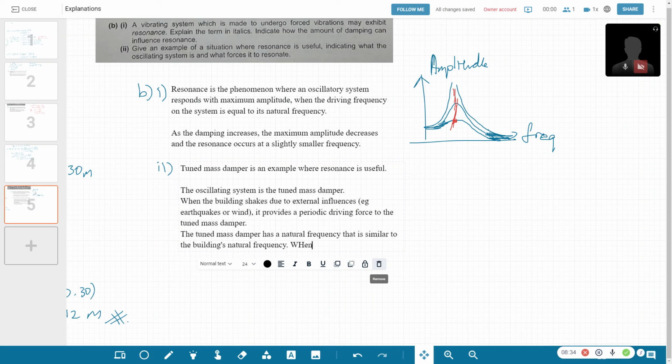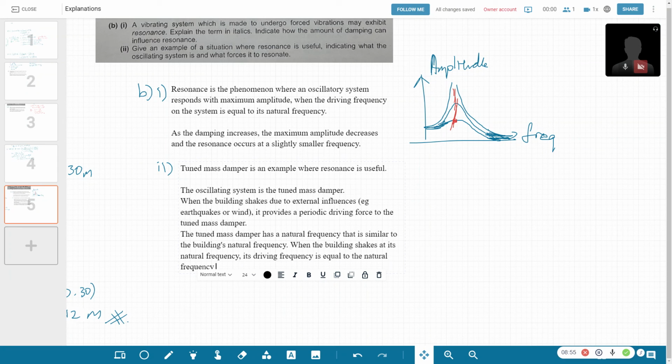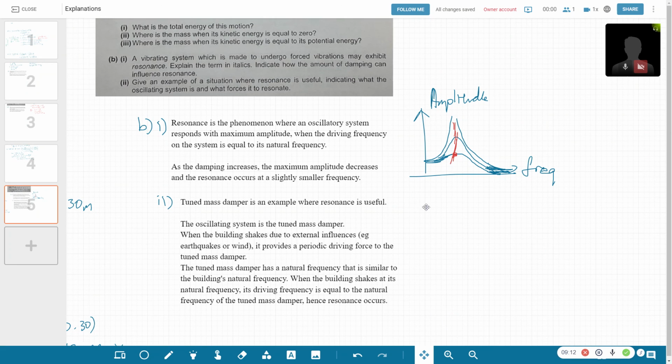So when the building shakes, its driving frequency is equal to the natural frequency of the tuned mass damper, hence resonance occurs. Now, if the question asks why there is maximum amplitude, then you add in there is maximum transfer of energy. If not, we can just end it here, because the question only asks what forces it to resonate. That's all.